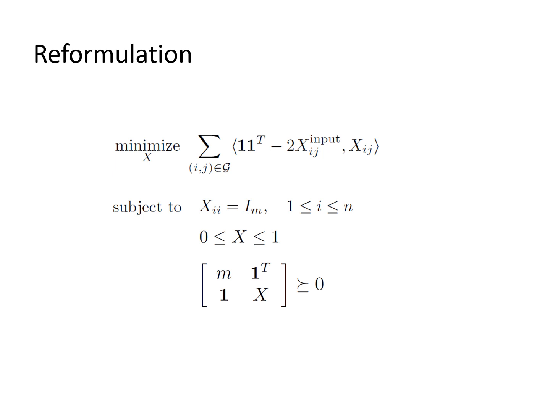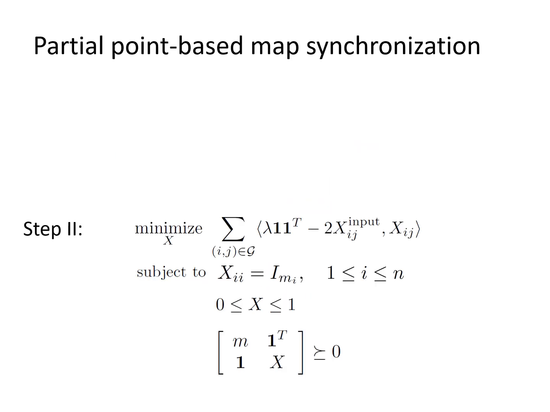On the other hand, we augment the matrix X by one row and one column. Here m is the expected size of the universe, meaning how many points the underlying complete object has, and the input is partial observations of this complete object.